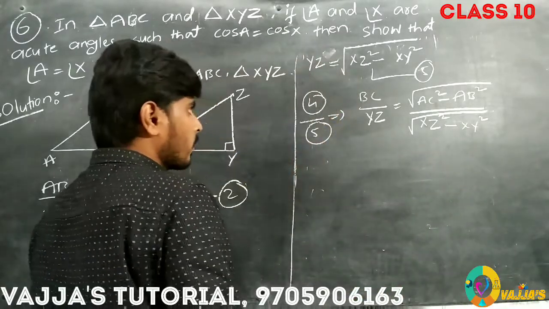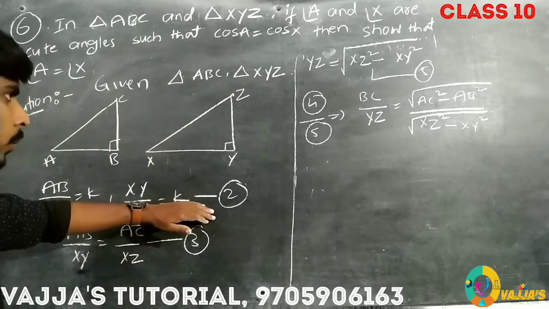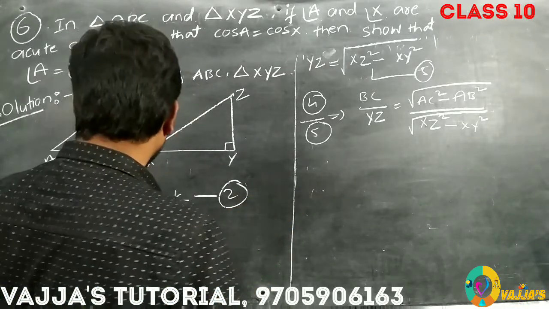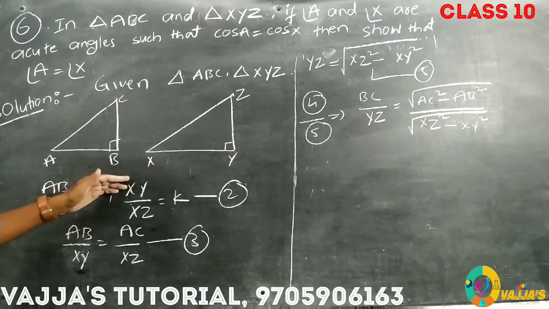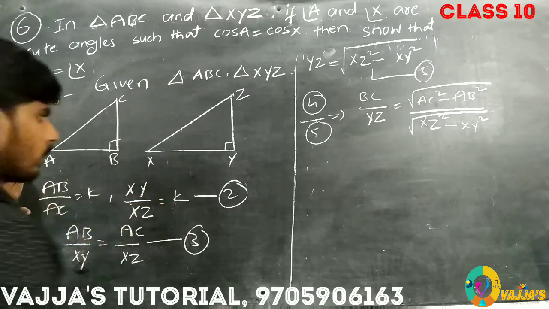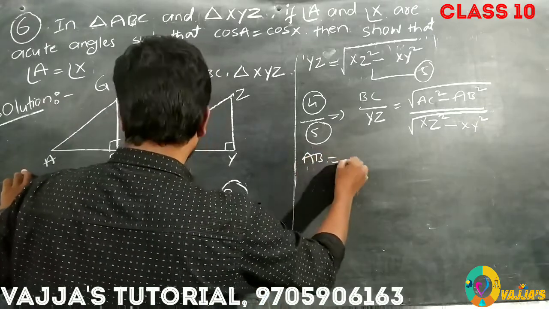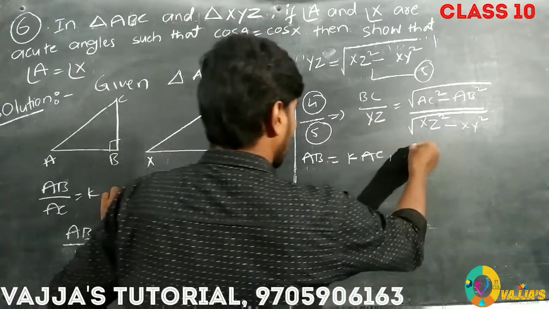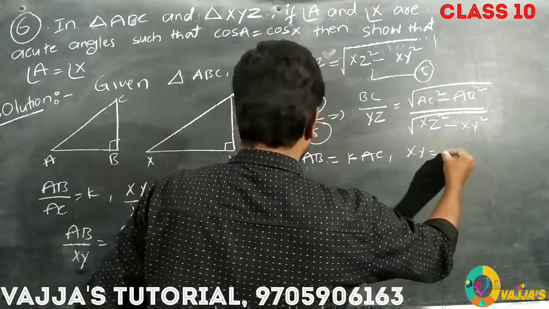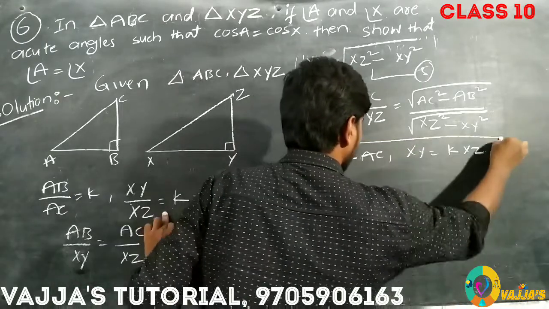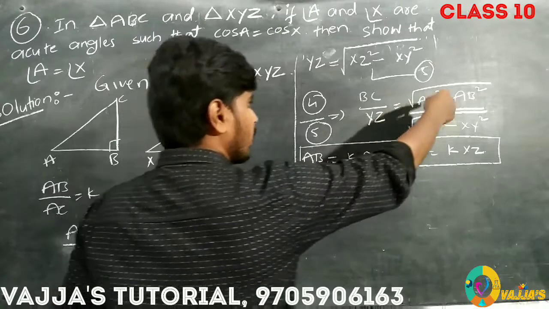So from equation 2 we can replace the AB value. Look here, AB by AC equals K, XY by XZ equals K, isn't it? So from that AB equals K AC and XY equals K XZ. We can replace the values in this equation.